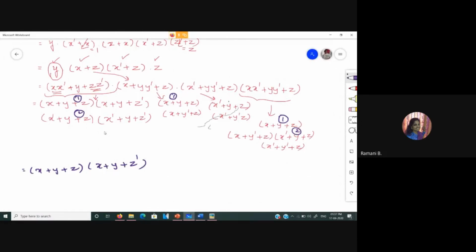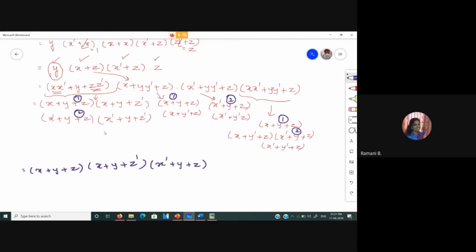Okay, I made the mistake again of pressing something. Okay, so this is also x bar plus y plus z, and next we have x bar plus y plus z bar.